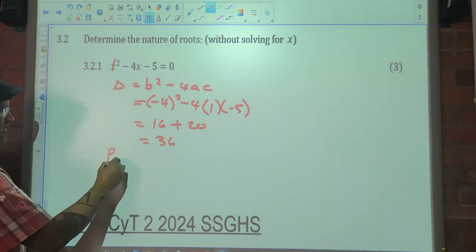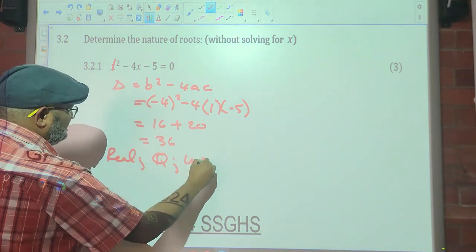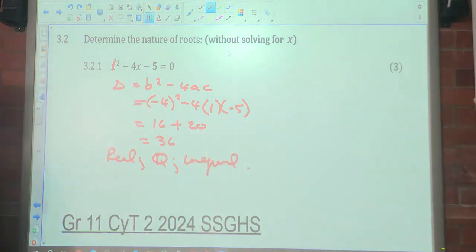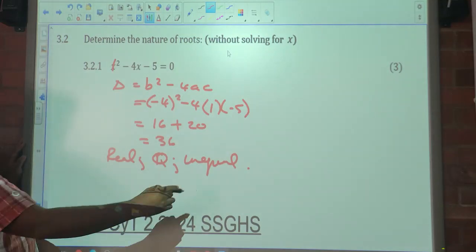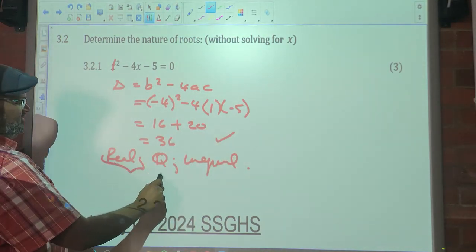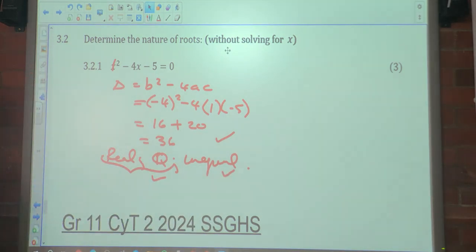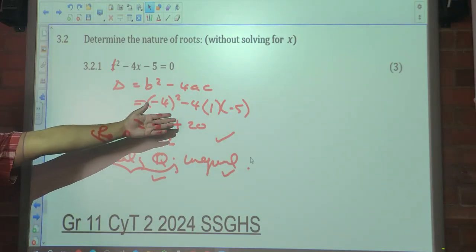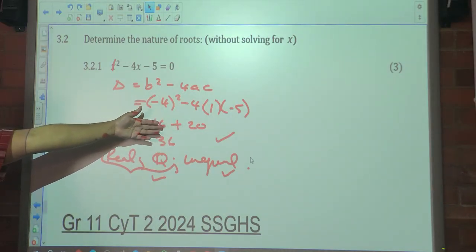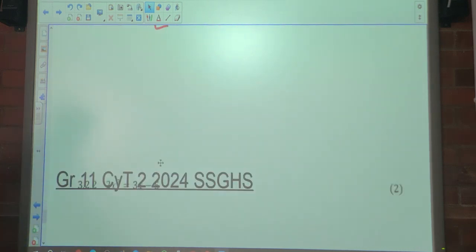So roots are real, rational, and unequal. How we mark this? 1 mark there, so the first 2 is 1 mark and the next one is 1. 3 marks. If you had solved the sum, of course you can't get the mark. But in your nature of the roots, I gave you that mark there accordingly.